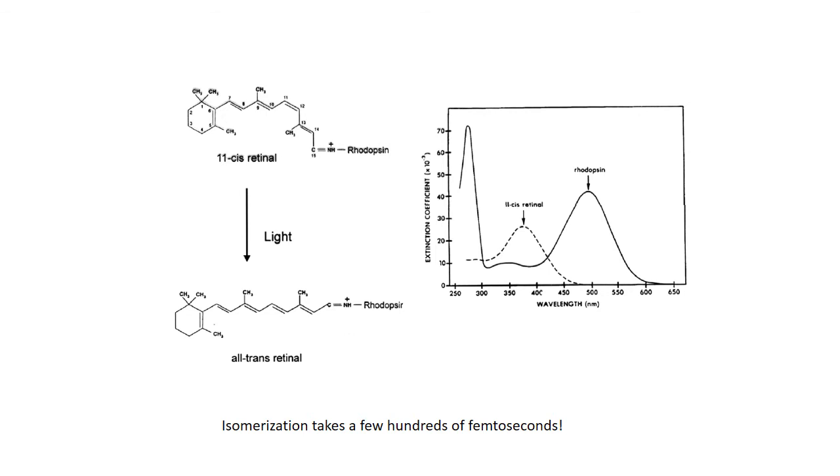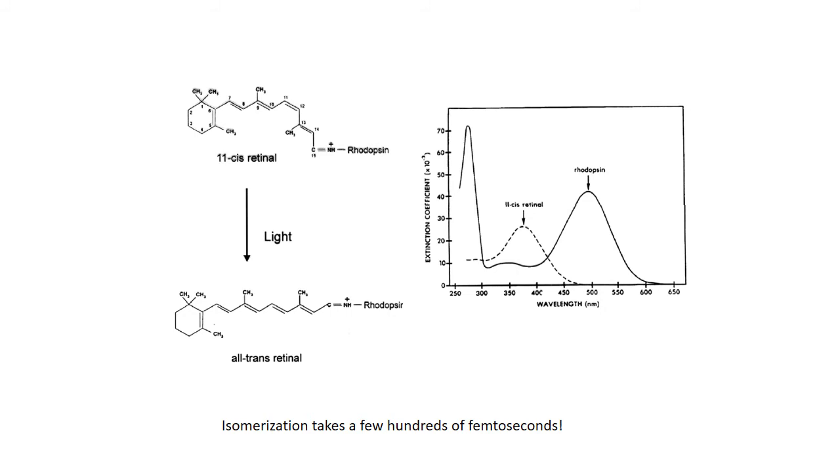And if you look at the figure on the right, there is a plot of the absorption in the y-axis, called extinction coefficient in this case, plotted against the wavelength in the x-axis. What you can see is that the 11-cis retinal absorbs mostly wavelengths about 360 nanometers, which is UV light.